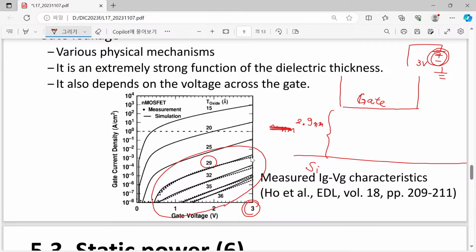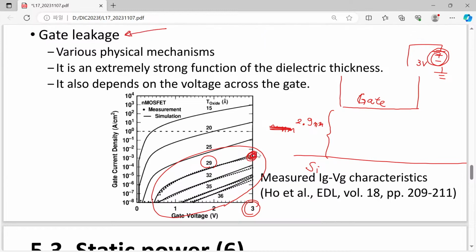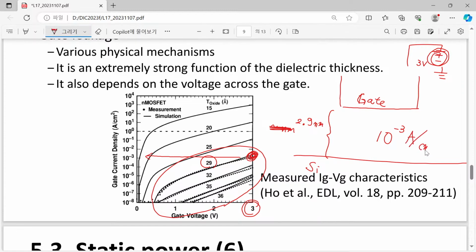Then what happens? If you apply 3 volt to this very thin oxide, then we will get a current whose level corresponds to 10 to the minus 3 ampere per square centimeter.